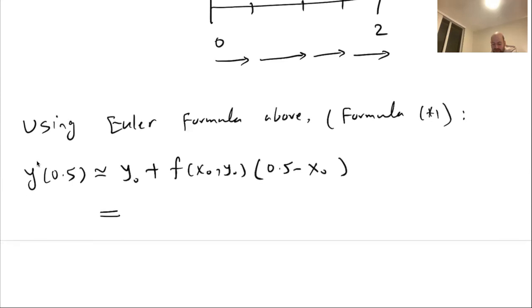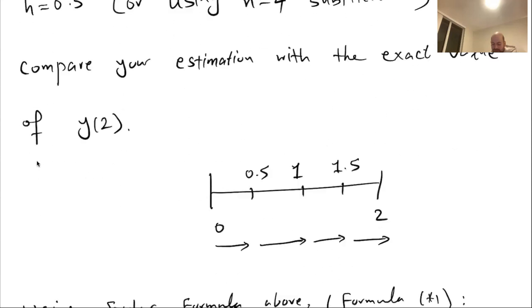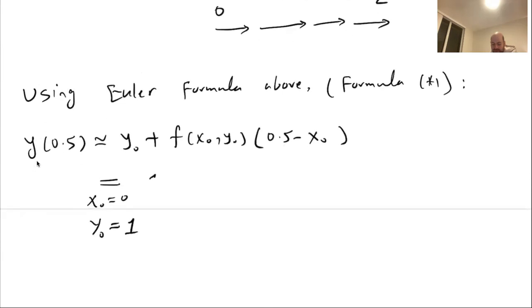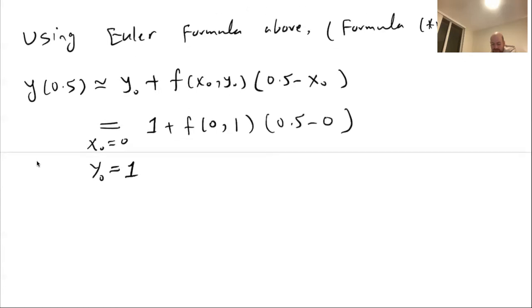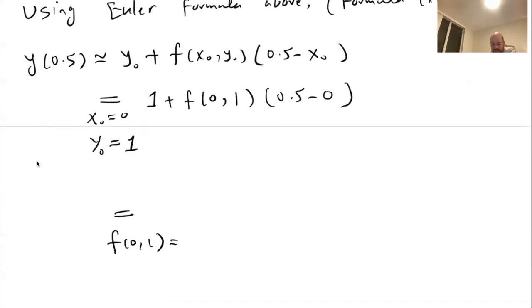And x0 here is 0, y0 is 1. So this will be 1 plus f of 0 and 1 times 0.5 minus 0. And f of 0 and 1 is 1, because f of x and y in our case is y squared.